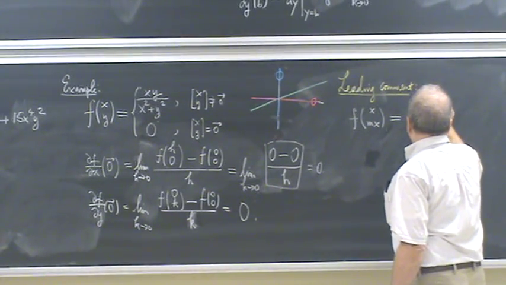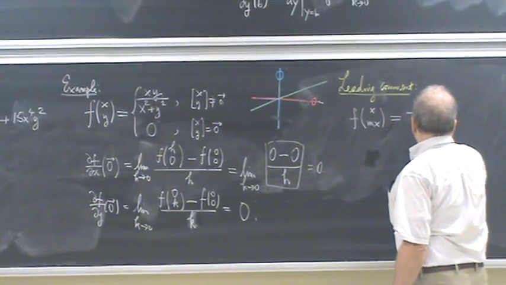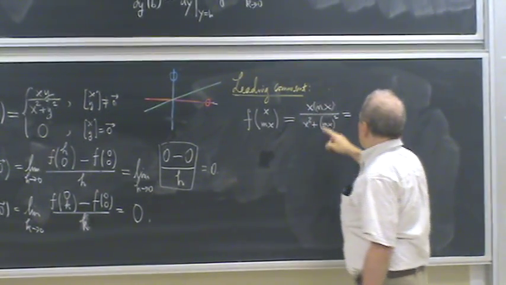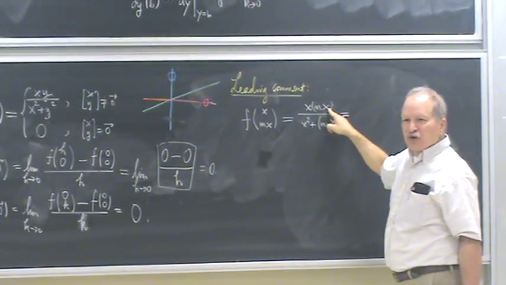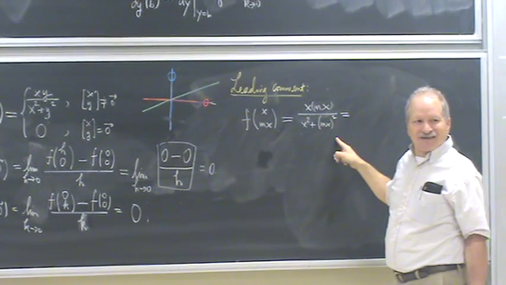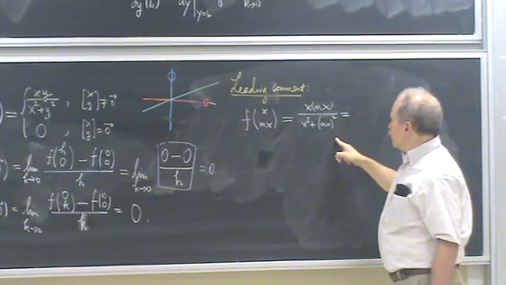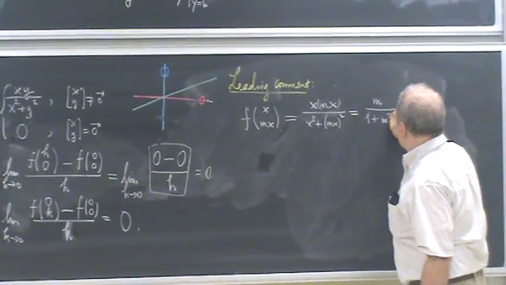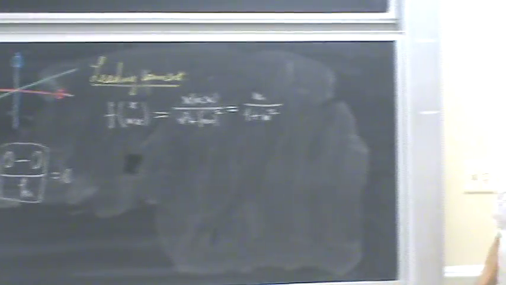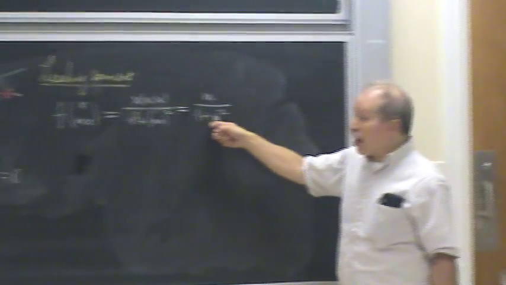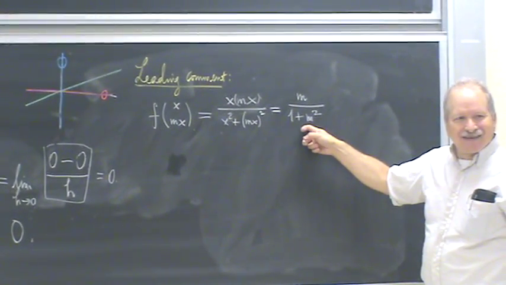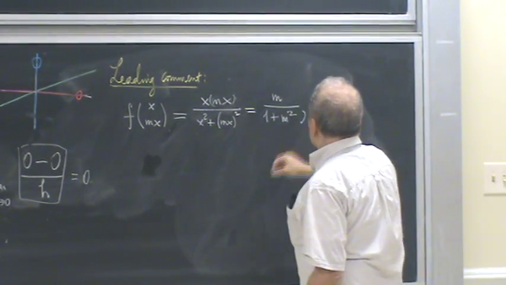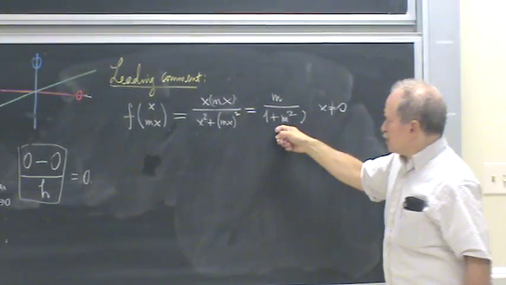I get x times mx over x squared plus m squared x squared, and notice you get an x squared in the numerator and an x squared in the denominator. And m is not equal to 0. So this function is constant when x isn't 0. It's got value m over 1 plus m squared.